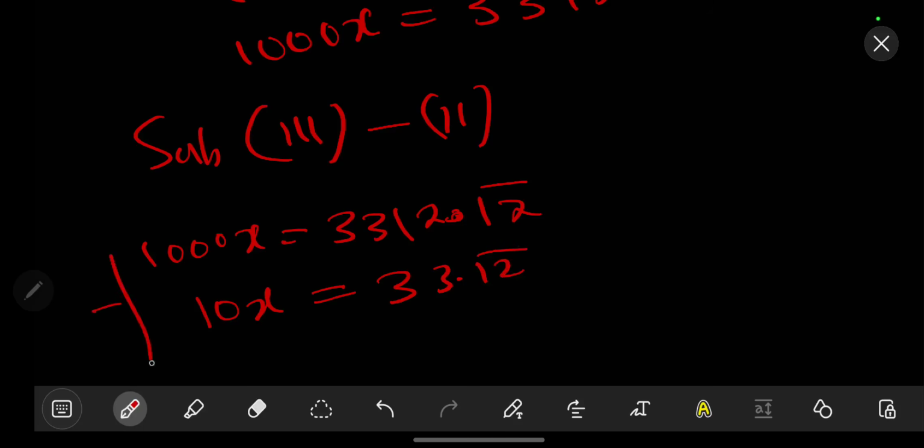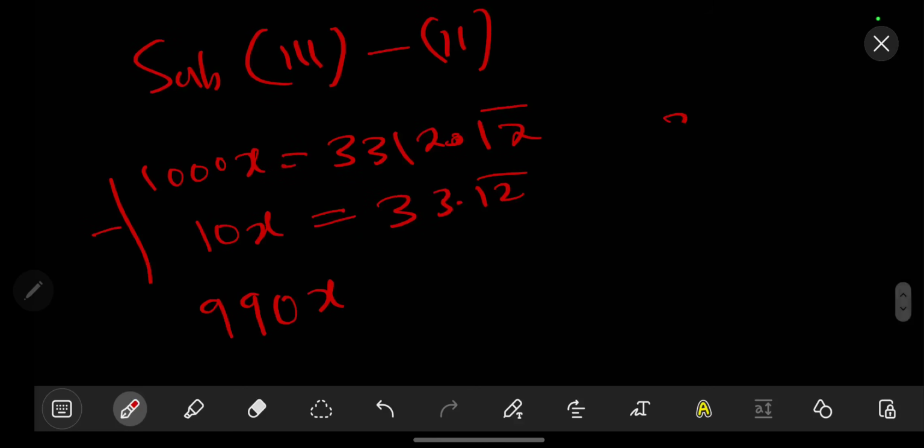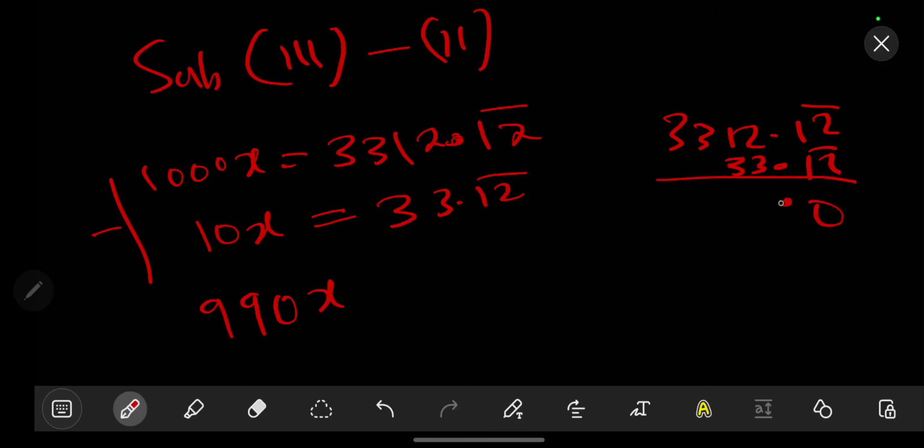So all we are doing is subtracting. 1000x minus 10x gives us 990x. Then 3312.12 repeating minus 33.12 repeating, the decimal part gives us 0.